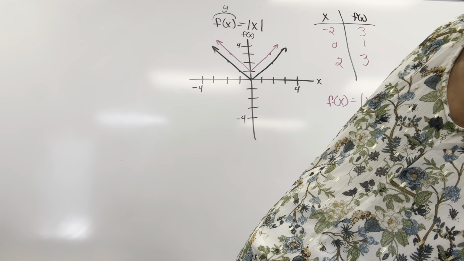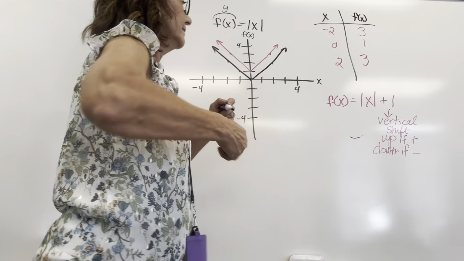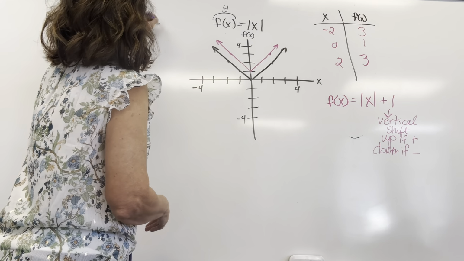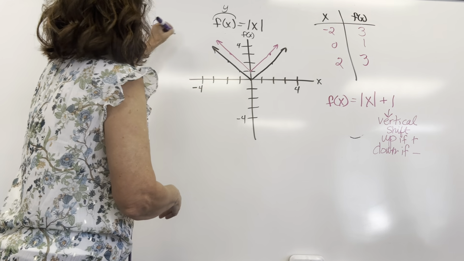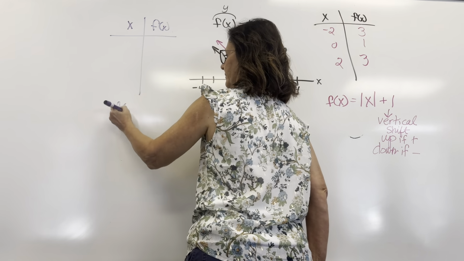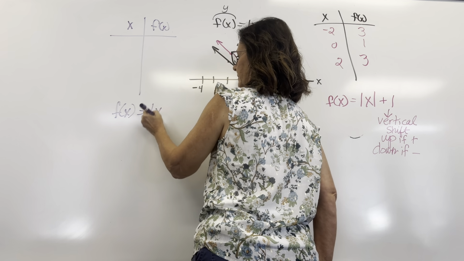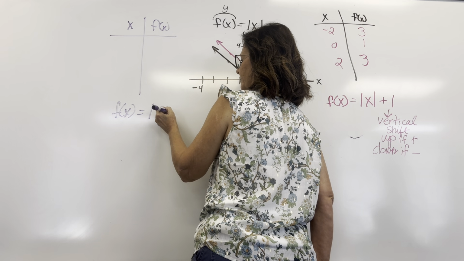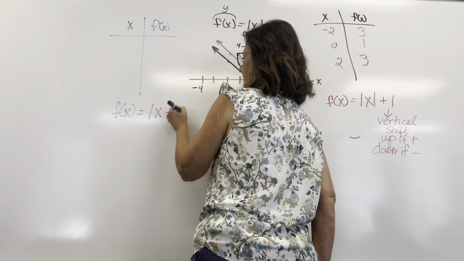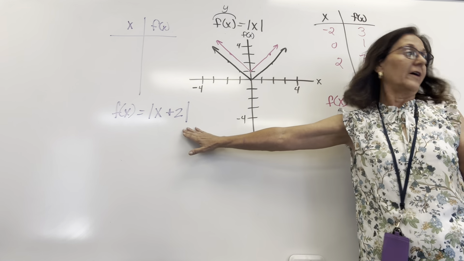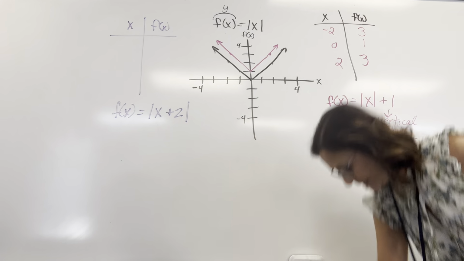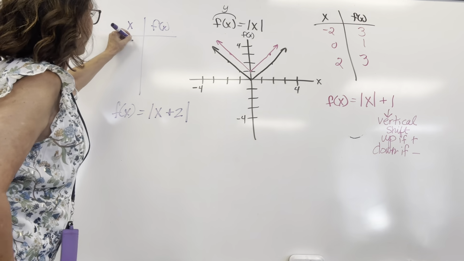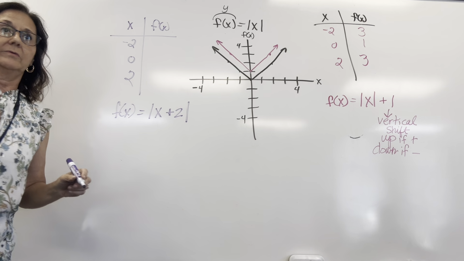All right, now this is going to be our function. This is the next transformation. And we'll do the same numbers, negative 2, 0, 2.